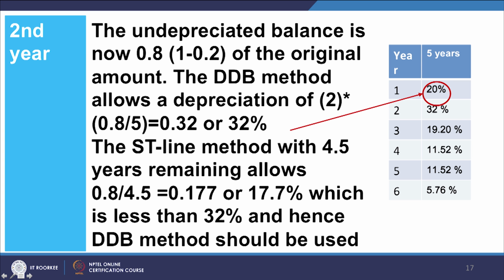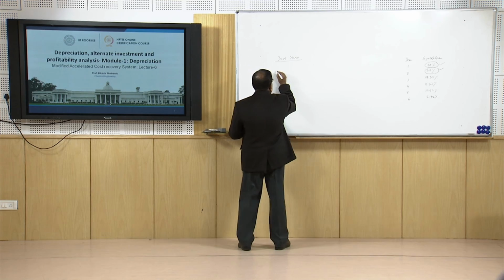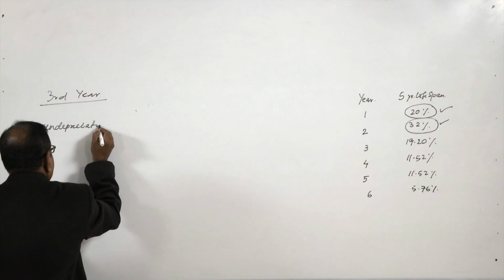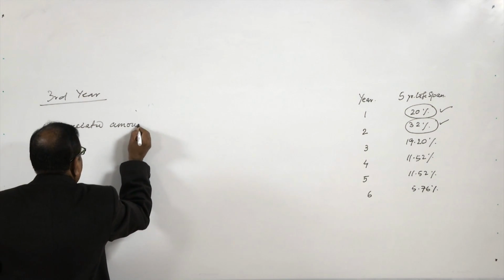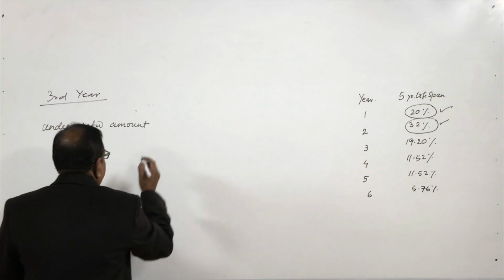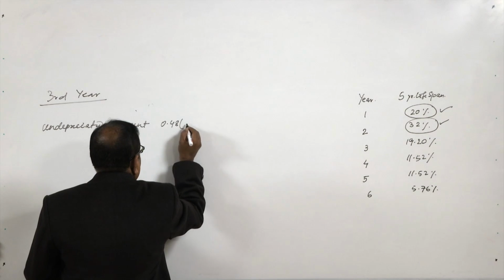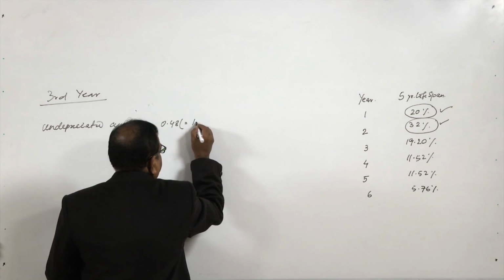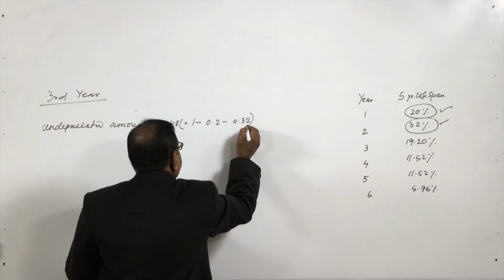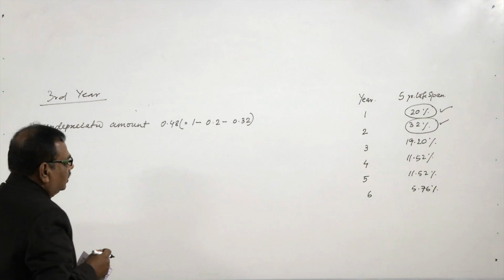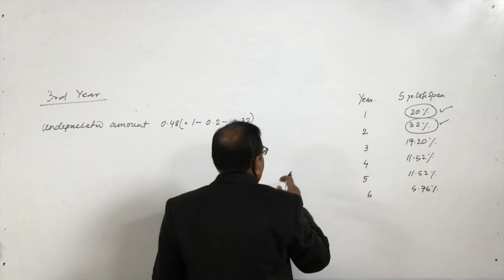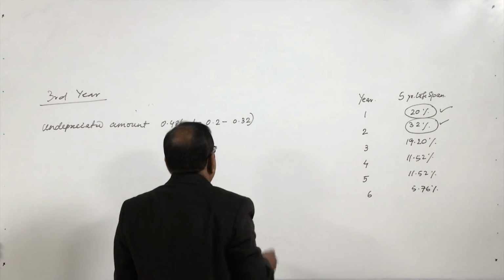Now, let us go to the third year. Now, the undepreciated amount is 0.48, and how has this come? 1 minus 0.2 minus 0.32. One minus 0.2 due to this 20% deduction, and due to 32% deduction it is 0.32.